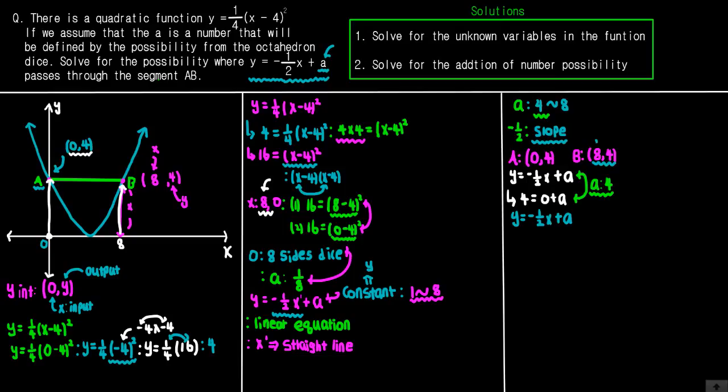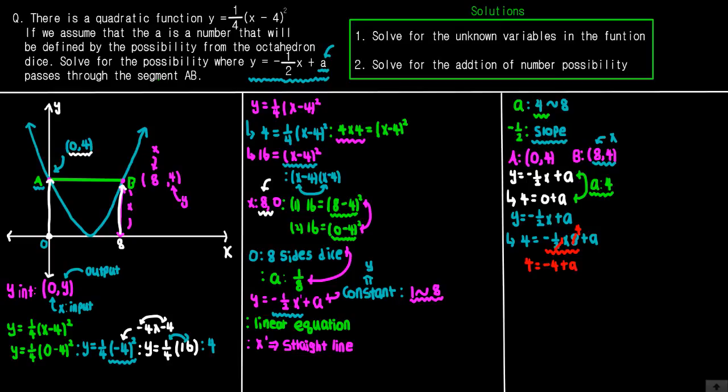So if we input our x value as 8, we get 4, which is our y value, also our output of the function. We get 4 is equal to negative 1 over 2 times 8 plus a, and negative 1 over 2 times 8 is negative 4, so 4 is equal to negative 4 plus a.